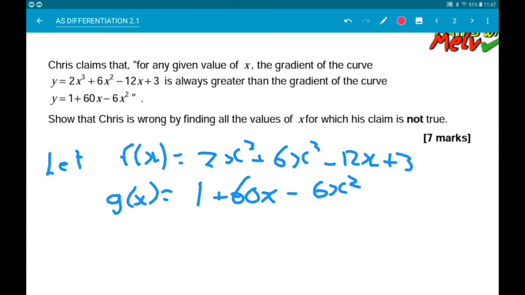Now, the question is about gradients of curves, so for each function we need to get the gradient function. We do that by differentiating.